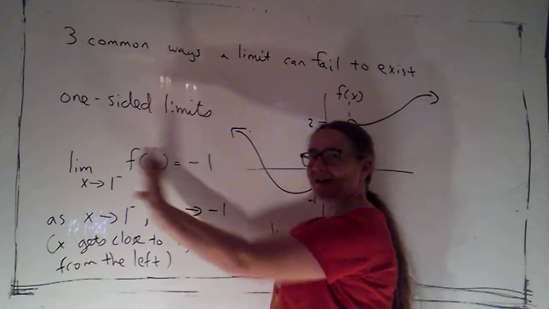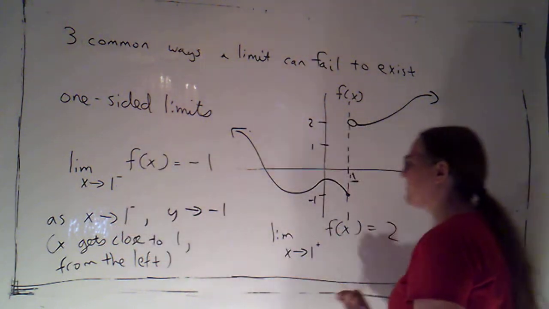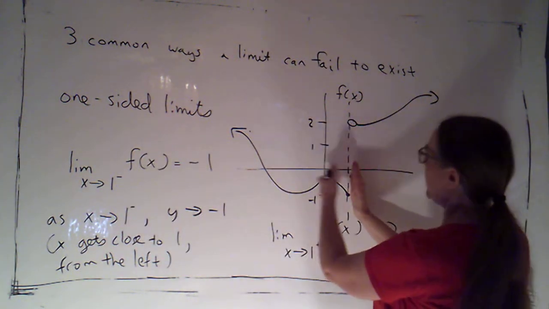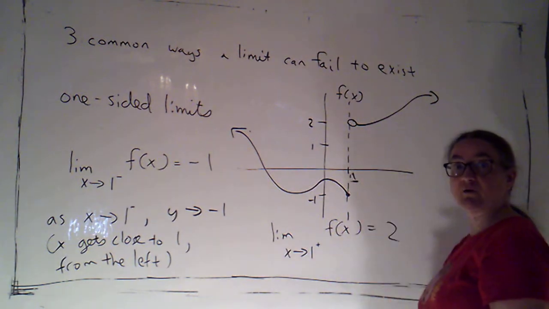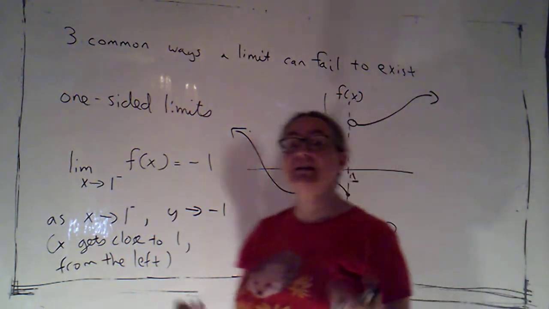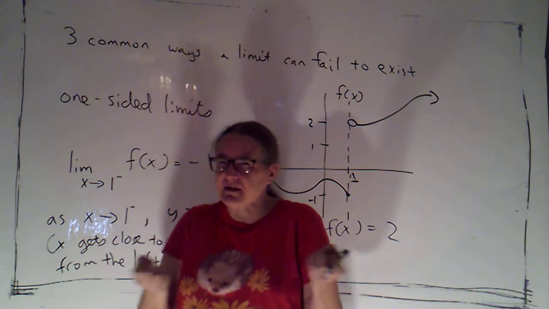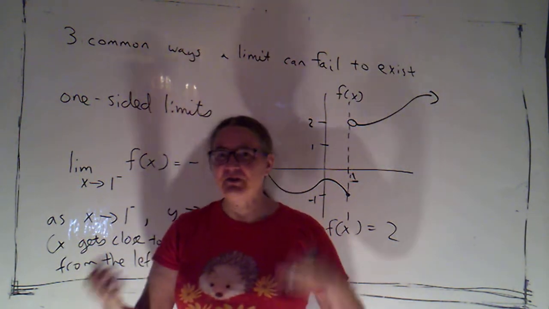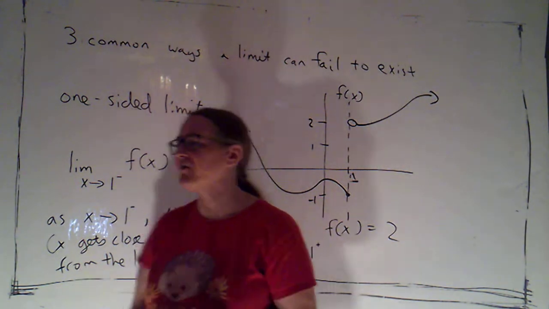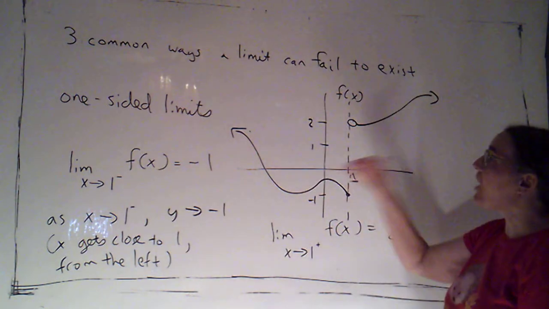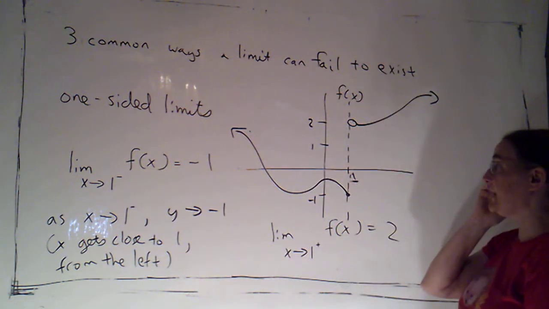It means from the negative side of the number line. But I can be to the left of 1 and still my x values are positive. We're just using the sign, the sort of code symbols, to mean left or right. All right. So those are our one-sided limits.